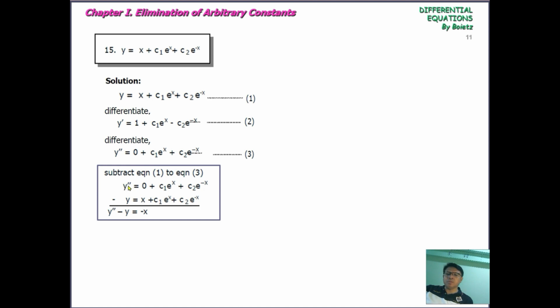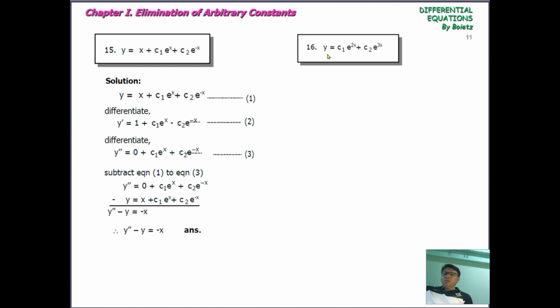Ang mapapansin niyo, this will become y double prime minus y, then 0 minus x. Then ito, cancel, tsaka ito magkika-cancel. So, then ito, nilipat natin ito sa kabila. Or hindi na nilipat. Y double prime minus y equals negative x. And that is your final answer. Or pwede nyo ito ilipat, magiging plus x din. Okay. Mas madali ito, no?